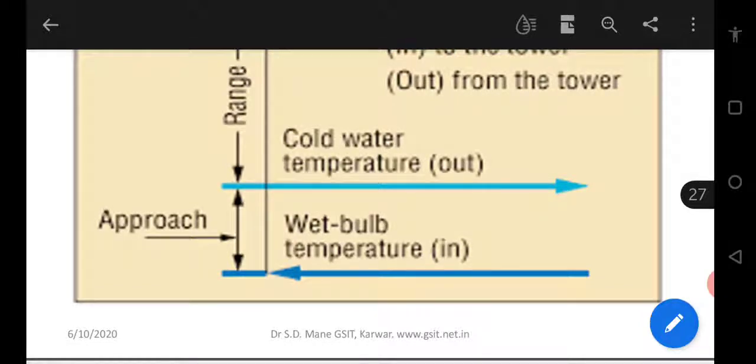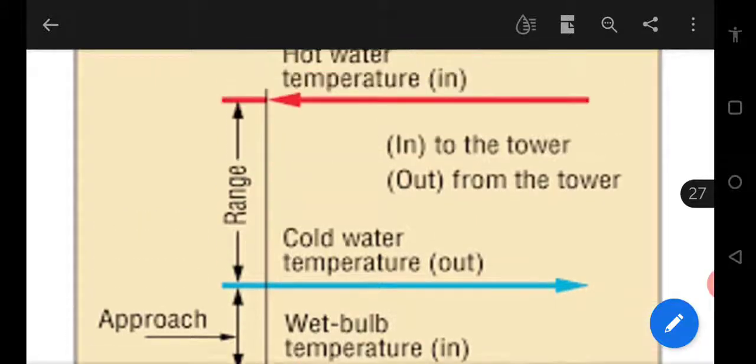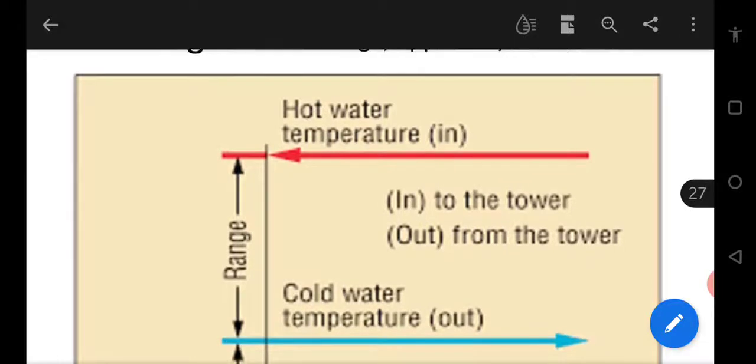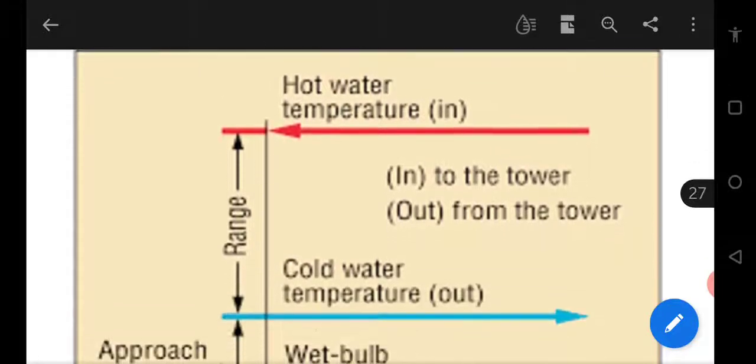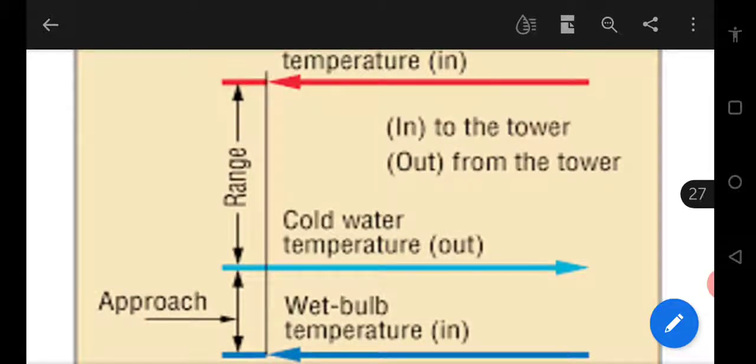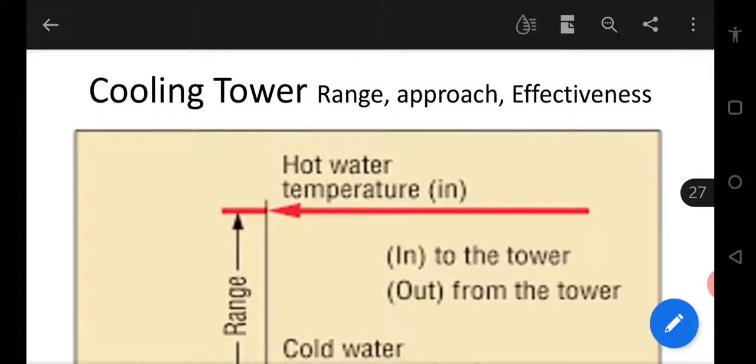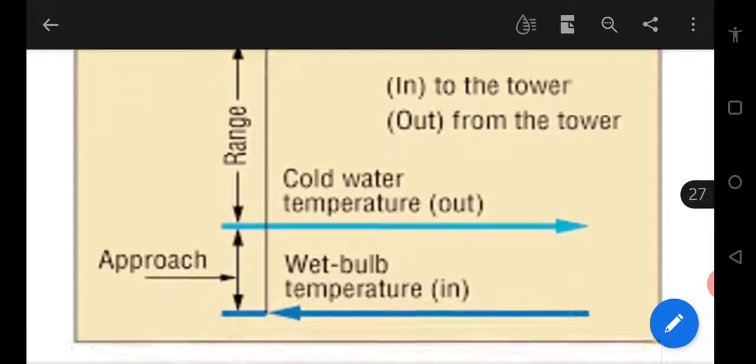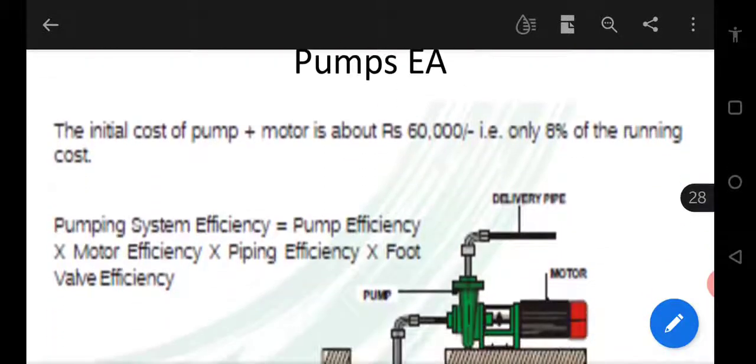This difference should be very less. The range should be high, but the approach should be less. And then comes effectiveness. Effectiveness is nothing but the ratio of the range divided by the range plus approach. So we should have less approach and more range, so that we can say the cooling tower is more effective.